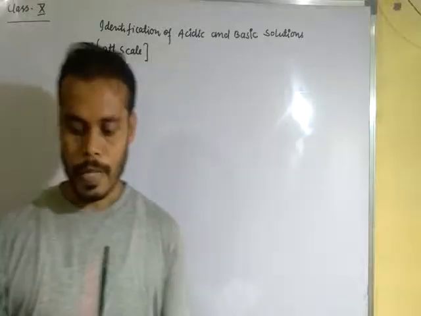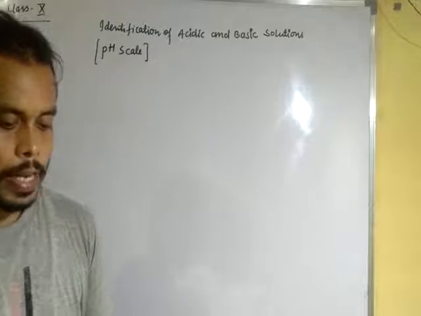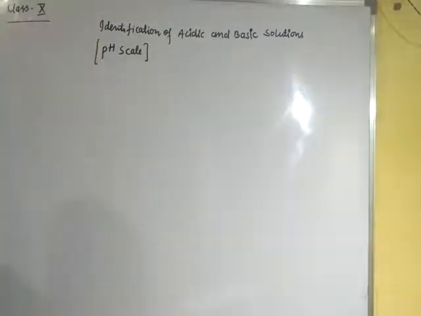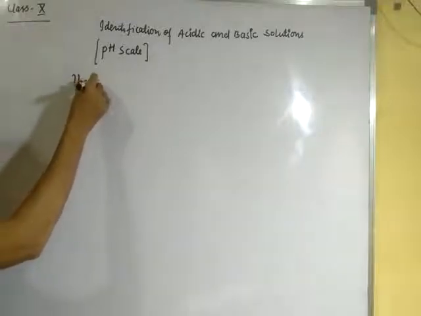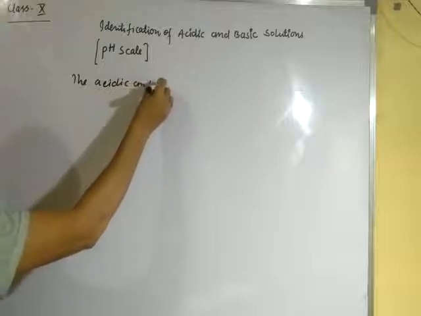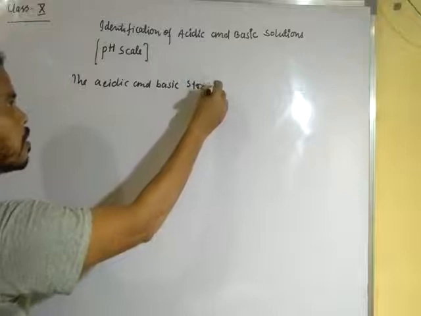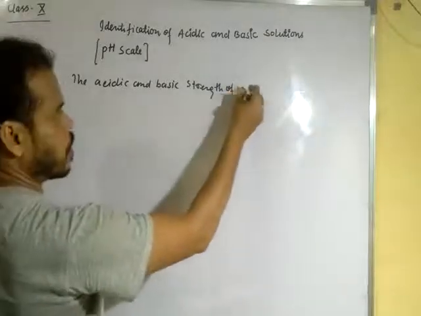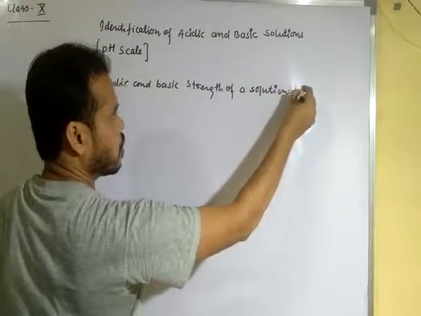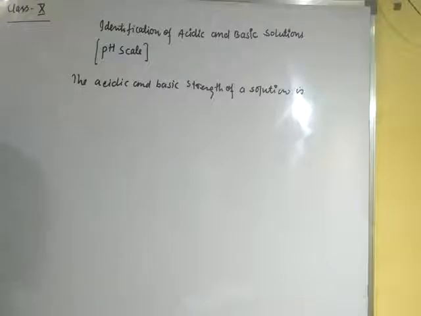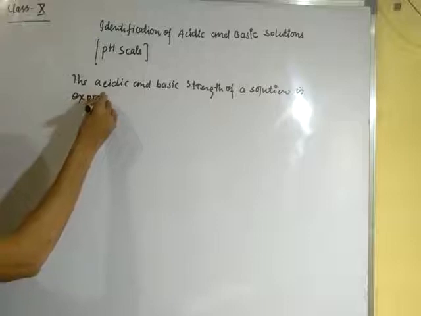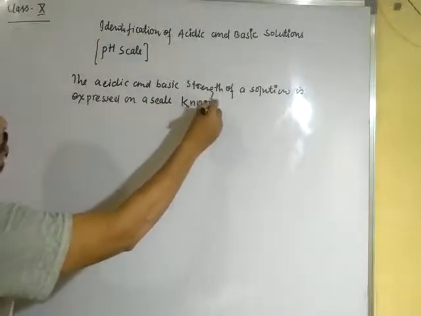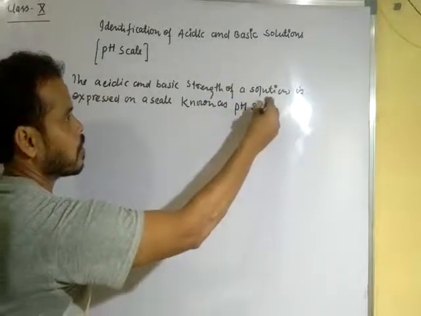Okay dear student. Now the definition: the acidic and basic strength of a solution is measured or expressed on a scale known as the pH scale.